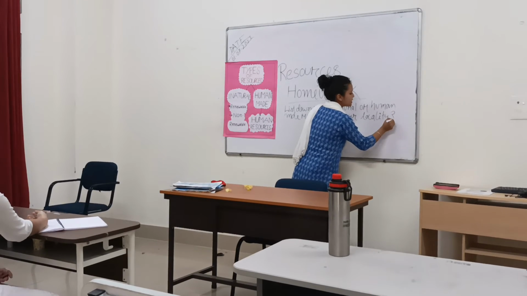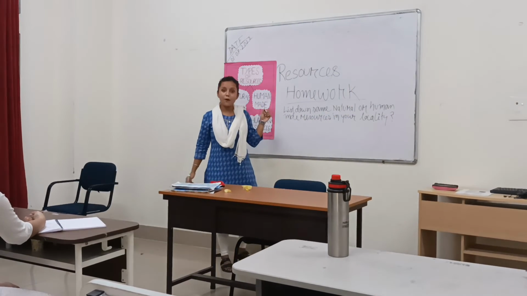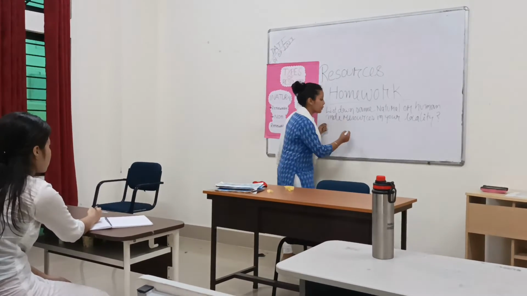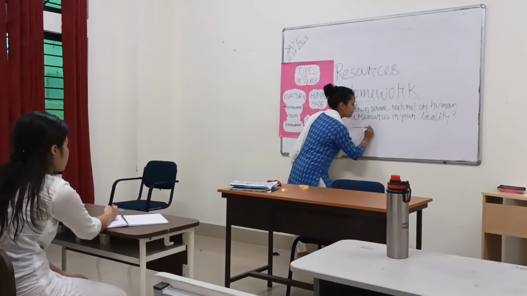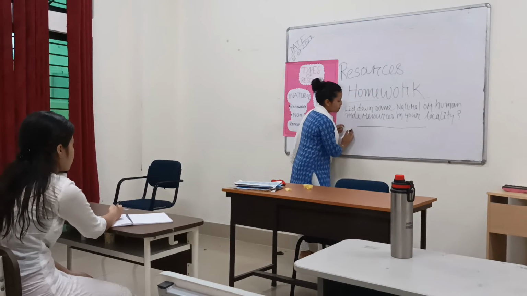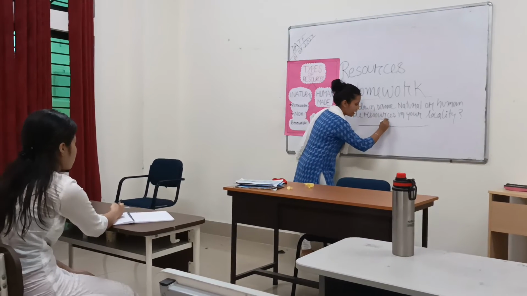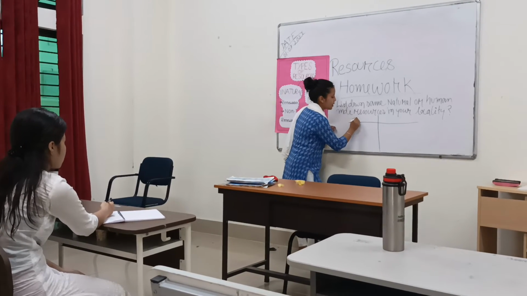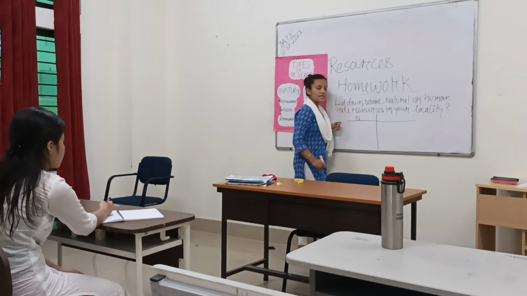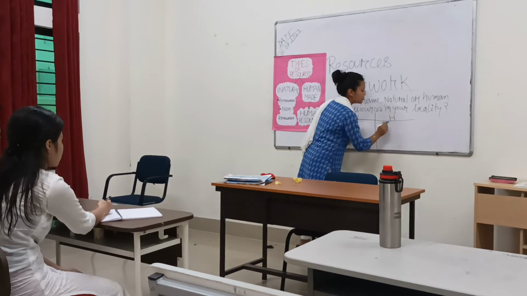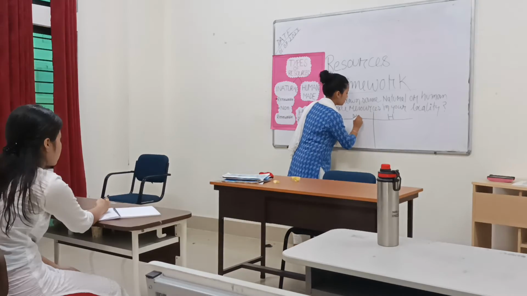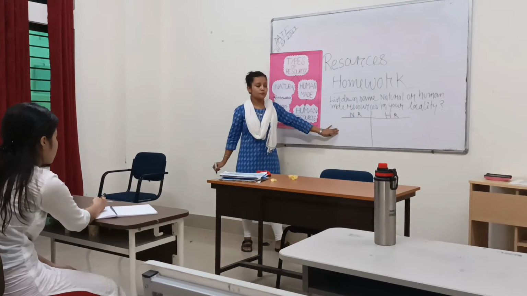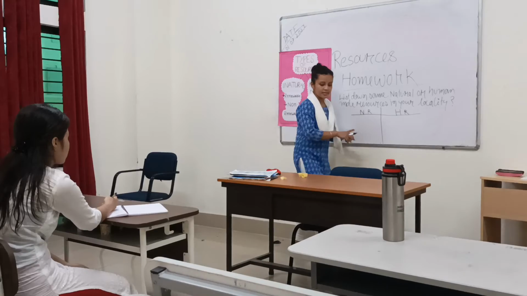Okay, you have to list it down and you have to submit the homework by tomorrow. Okay, in terms of writing the answers, you can follow a pattern and you people have to follow this pattern. Please draw a line, then divide the line like this, and after that here you people have to write the natural resources, and in this part you people have to write the human-made resources actually.